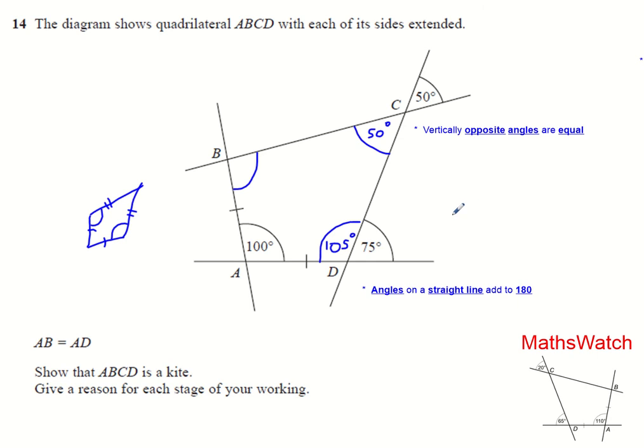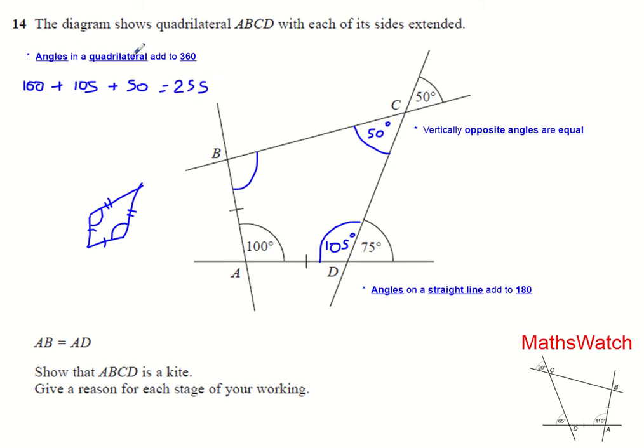The last fact, in order for us to work out what this angle is here, is that angles in a quadrilateral add to 360. So we've already got 100, 105 and 50. If we add them together, so 100 plus 105 plus 50, we get 255.